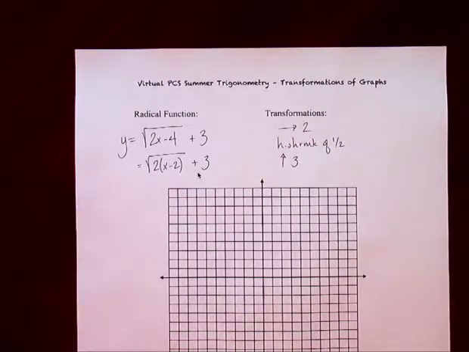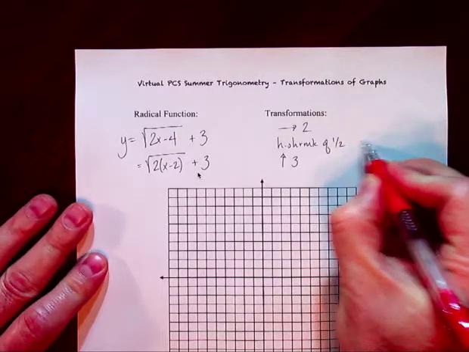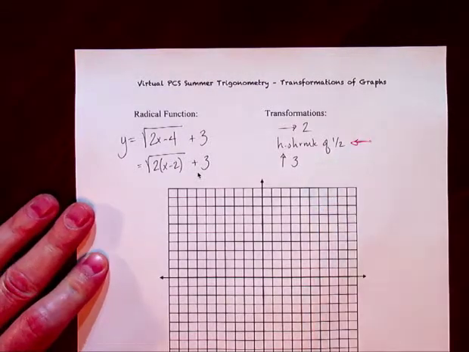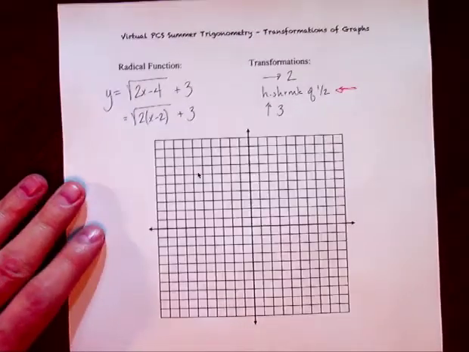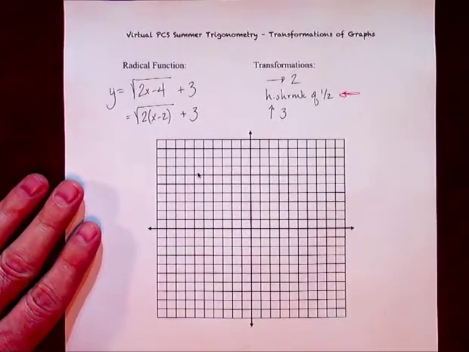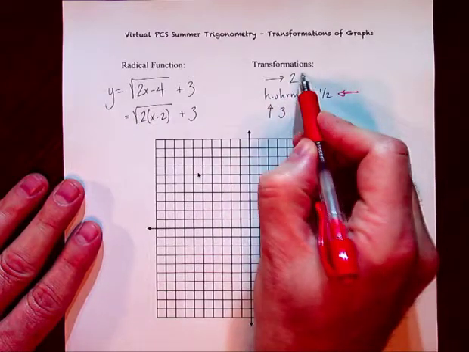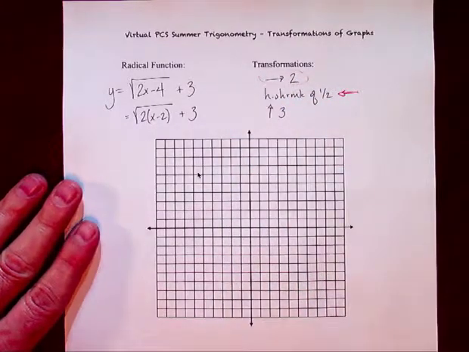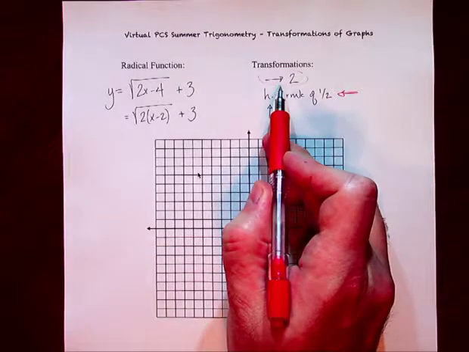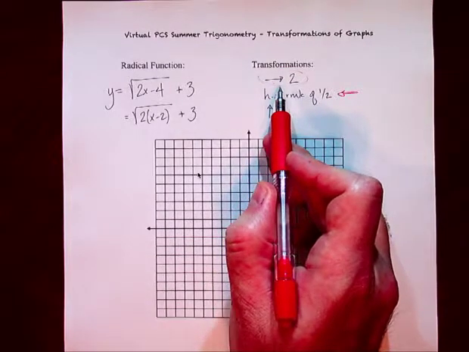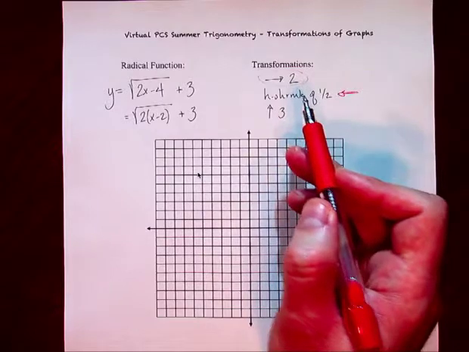Now here's the problem. A b value, you've got to be very careful with it, because this does not necessarily shrink from the axis, meaning the y-axis. Because of the order of operations and the fact that this happens first, we can think of it as redefining where we find our 0 value, right?